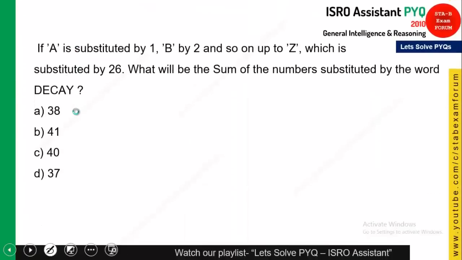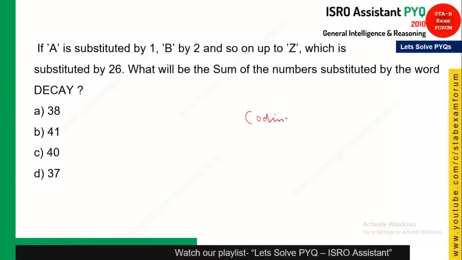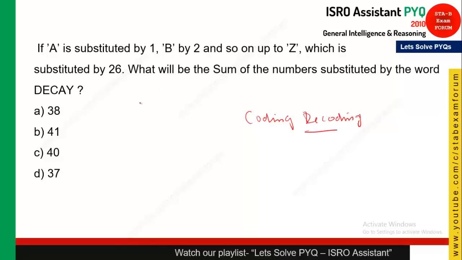Quickly coming to the next question. It is again from coding decoding, and this is again positional dependency. As you know, A is substituted by 1, B by 2, Z by 26. So let's see how DECAY is being made.